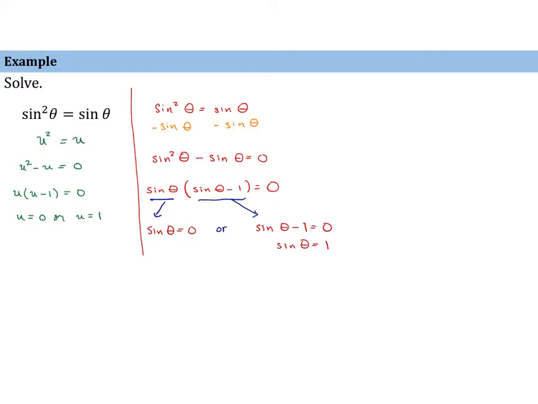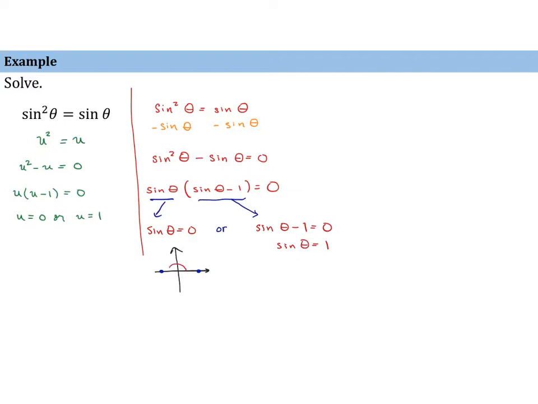Now, where is sine of theta equal to 0? If you remember, that is one of our quadrantal angles, and so sine of theta equals 0 at 0 and pi.